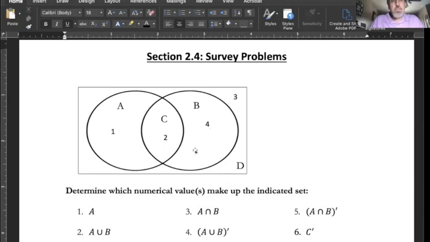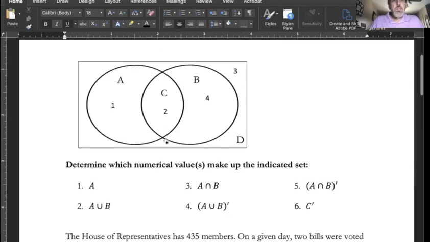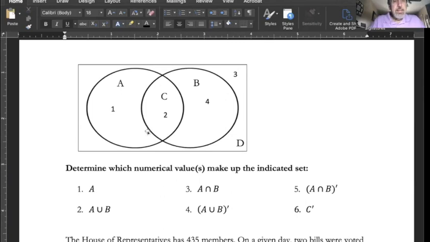And then I've put numbers in each of the regions because we're going to determine the numerical values for each region. So what do I mean? Let me explain it. It's not that hard. So let's go ahead and look at set A, okay? In set A, I'm asking which numerical values make up that set, okay? Well, set A is this entire circle. It's not just representative of this region. We use the letter A in that region to break it up and identify all four regions, but set A is actually this entire circle.